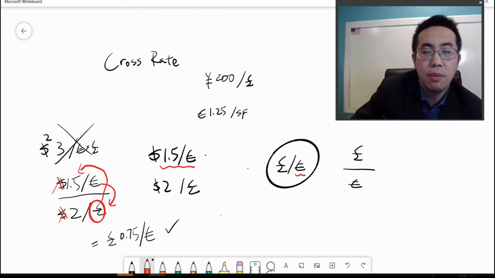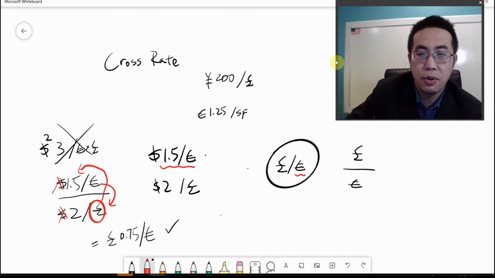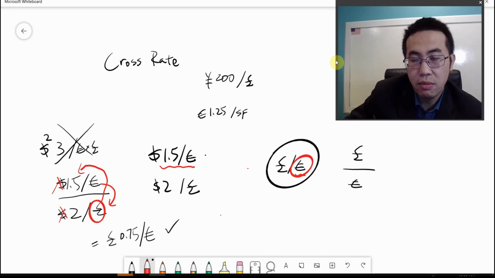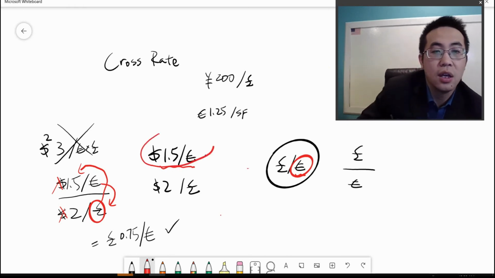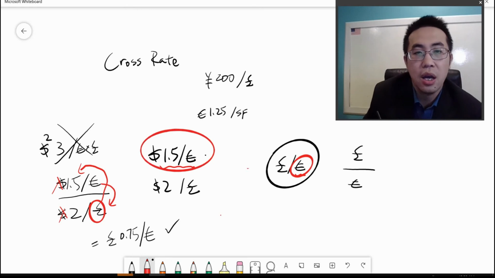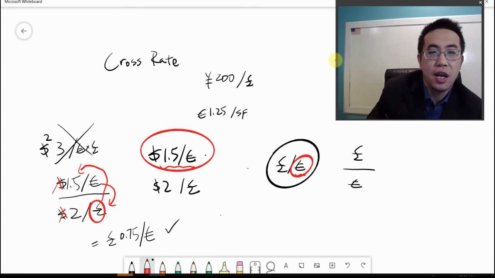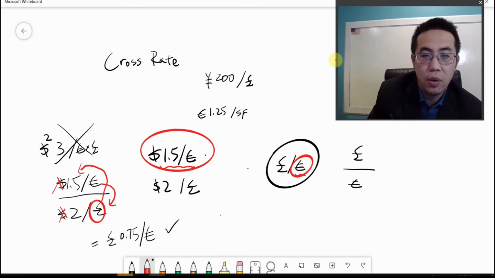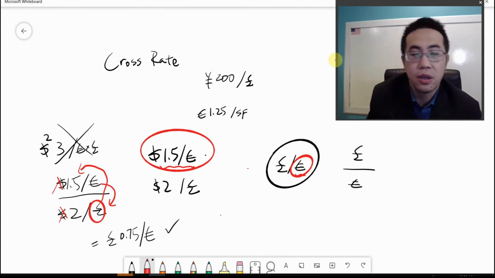So this 1.5 should be on the top. Let me repeat. If euro is the symbol to the right of the fractional line in the answer, then you should use the direct euro price as the top of the fractional line. And the pound price will be down the bottom of the fractional line.